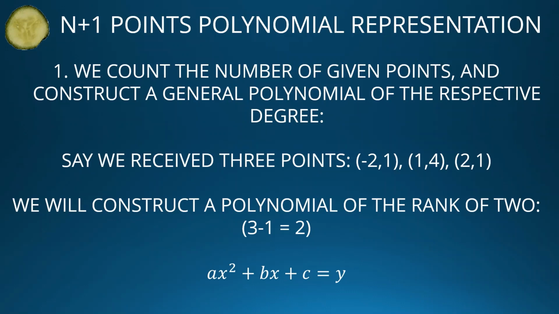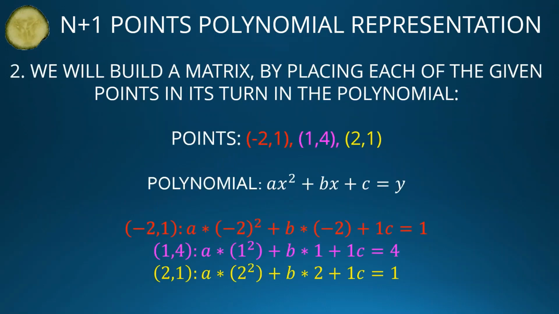First, we count the number of given points and construct a general polynomial of the respective degree. Say we received 3 points: (-2, 1), (1, 4), and (2, 1). We will construct a polynomial of degree 2, because 3 minus 1 is of course 2, which means we are getting the general polynomial ax² + bx + c = y.